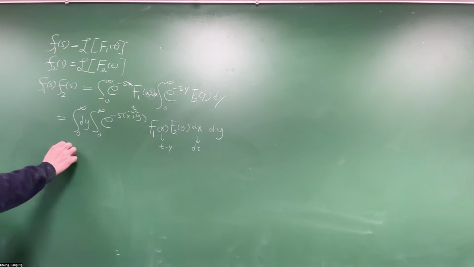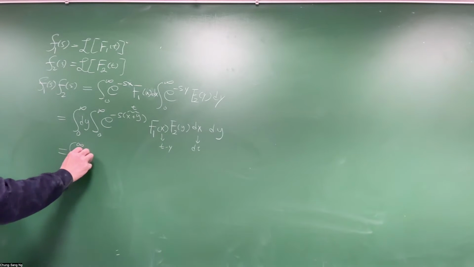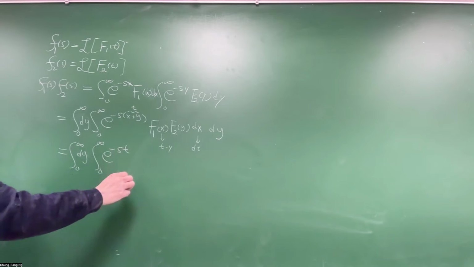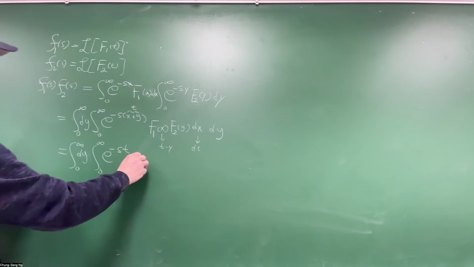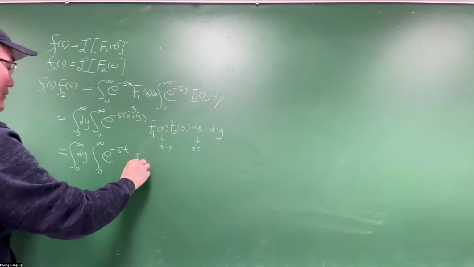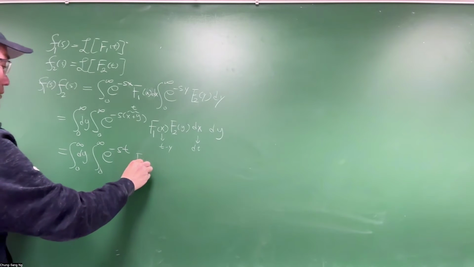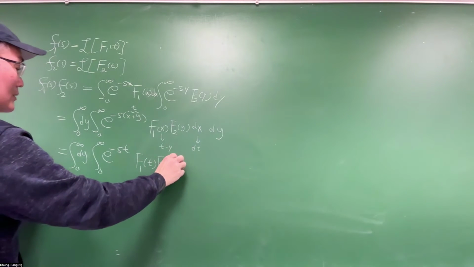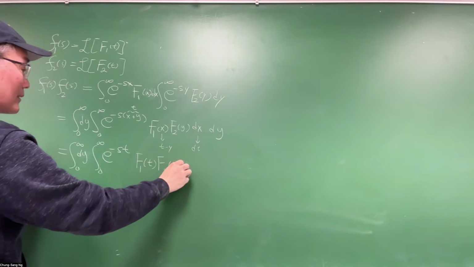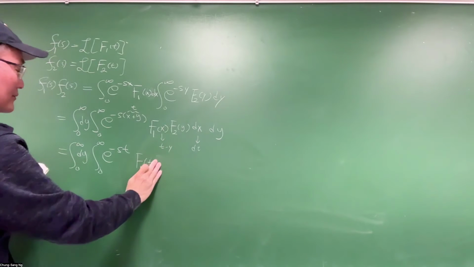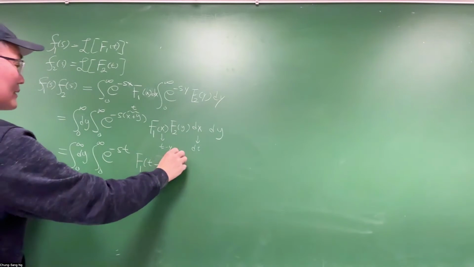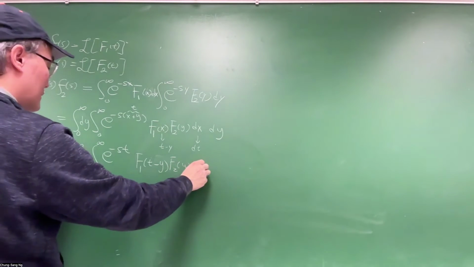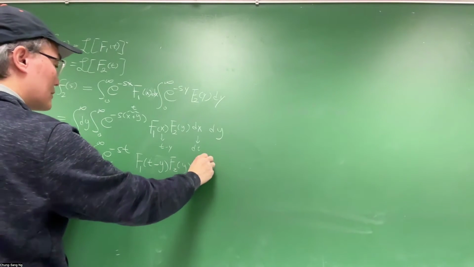Okay, so you rewrite that. Infinity, e to the minus s t, and f sub 1 of t minus y, f sub 2 of y, and you have the dt dy.